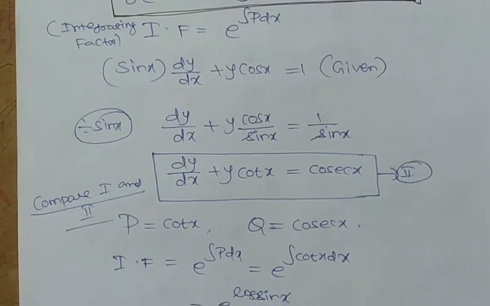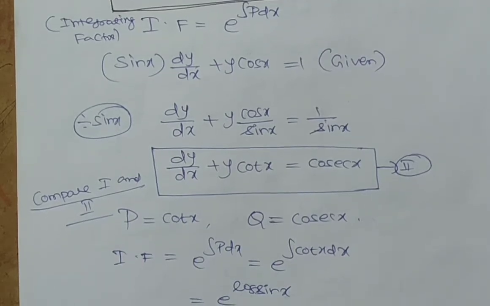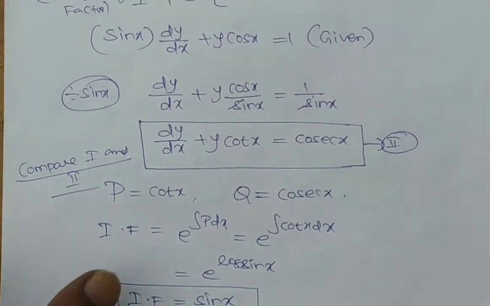Now you want to find the integrating factor e power integral p dx, which is equal to e power integral cot x dx. The integration of cot x dx equals log sin x. Now the integrating factor is sin x.